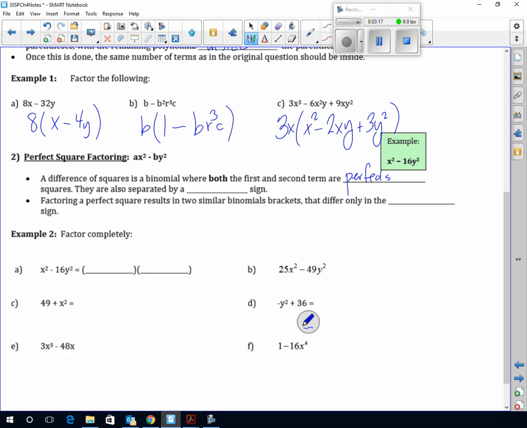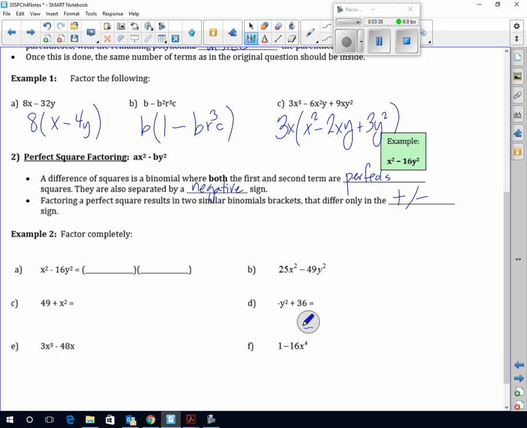Factoring a difference of squares results in two similar binomial brackets that differ only in the, I'll say, positive or negative sign. So if I were to factor x squared minus 16y squared, I say, oh, there's two terms and it's a difference. It must be a difference of two perfect squares.